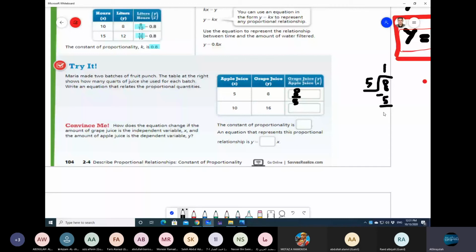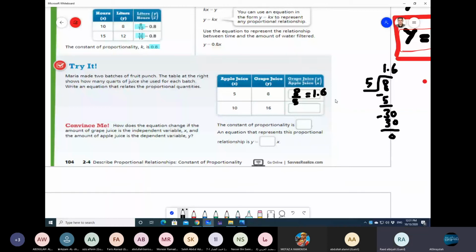Put a decimal, then add a 0. 30 divided by 5 is 6. 6 times 5 gives you 30. Subtract, and you get 0. So it is equal to 1.6.